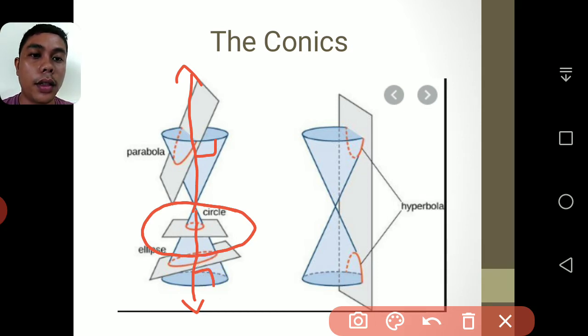So the circle there is actually perpendicular to the imaginary line called the altitude. Okay, so that's the circle.